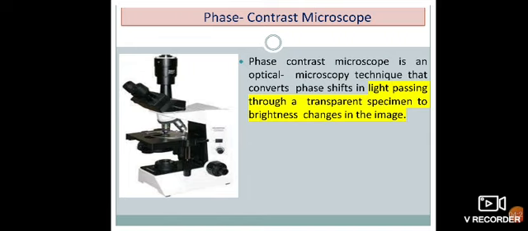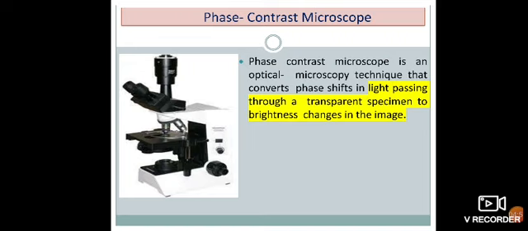Now you can observe that image. It is quite similar to a simple binocular microscope, but it has one additional instrument. If we focus on the top portion like a lens part, this is the additional part of your microscope which is used for the phase contrast medium.